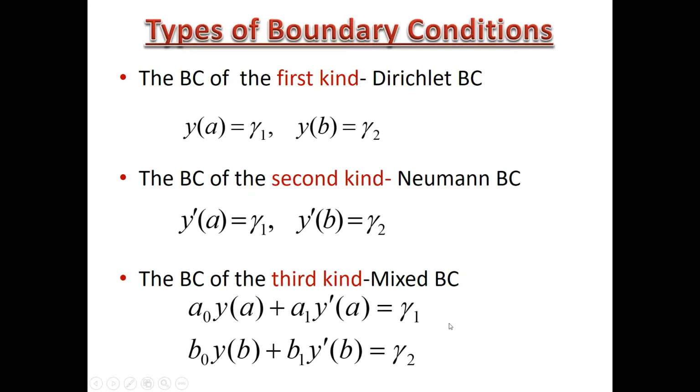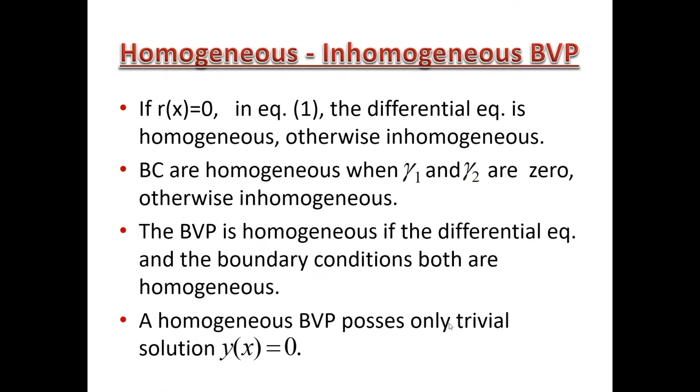Now let us see when a boundary value problem is called homogeneous and when it is called inhomogeneous. If R(x) is equal to 0 in equation 1, the differential equation is homogeneous. Otherwise, it is inhomogeneous. Boundary conditions are homogeneous when gamma 1 and gamma 2 are 0, otherwise inhomogeneous.